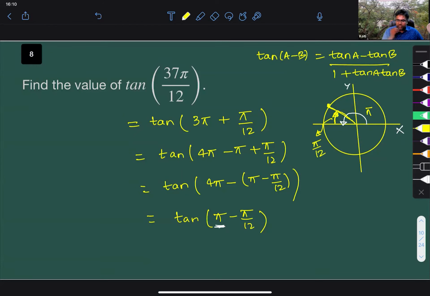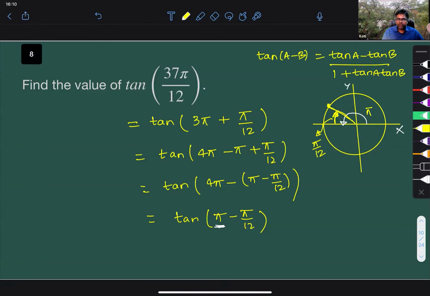If you lie in the second quadrant, your cos value is negative, sine value is positive, right? That means your tan value should come out to be negative. Agreed.